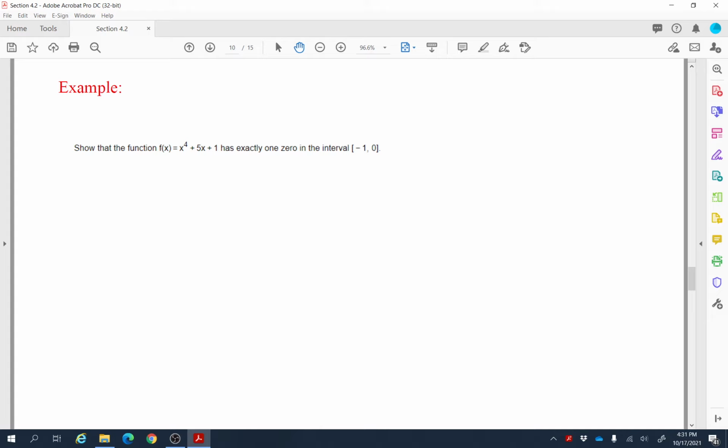Show that the function f of x equals x to the power 4 plus 5x plus 1 has exactly 1 zero in the interval -1 to 0. First of all, make sure that this is a polynomial function. Polynomial means it's continuous and differentiable. If you find the value of this function at the endpoints, at -1 it would be 1 minus 5 plus 1, which is -3, less than 0.